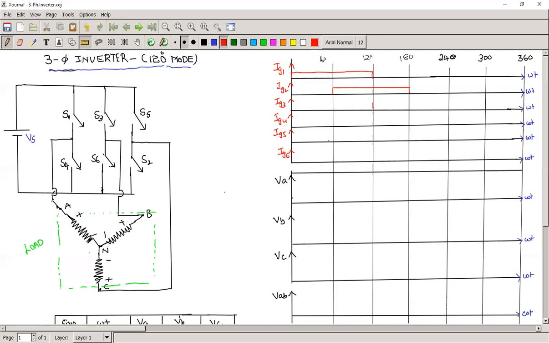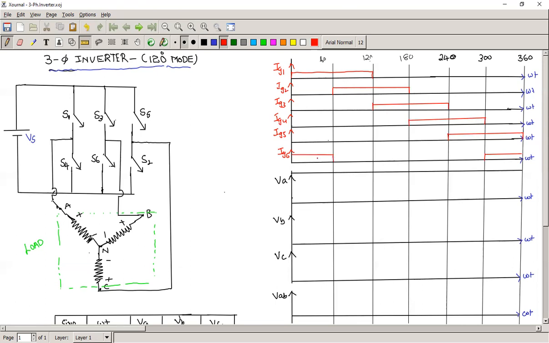In the same manner, here from 120 to 240, then IG4 from 180 to 300, IG5 from 240 to 360, and IG6 from 300 to 360, then minus 60 degrees here.